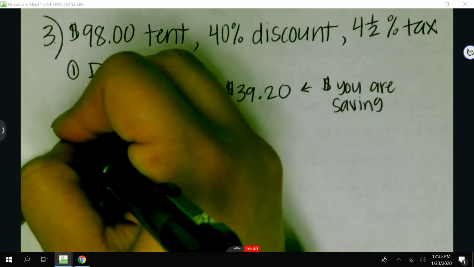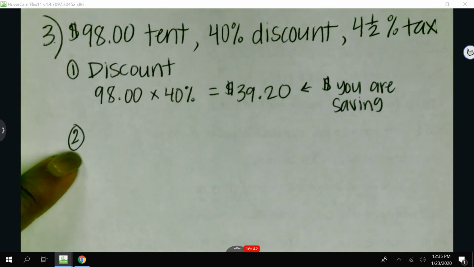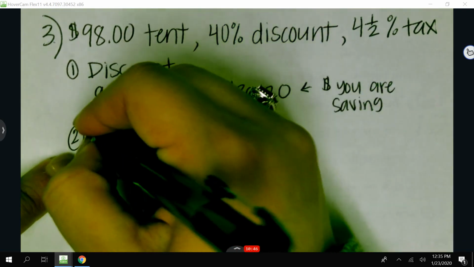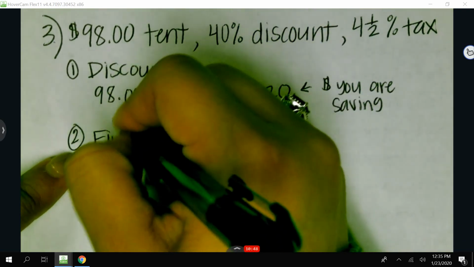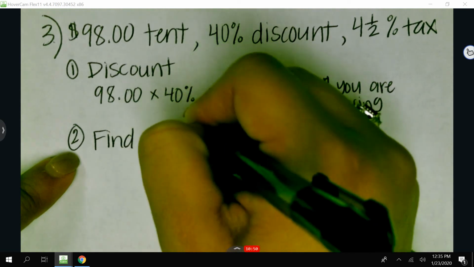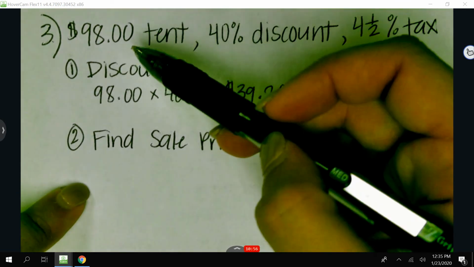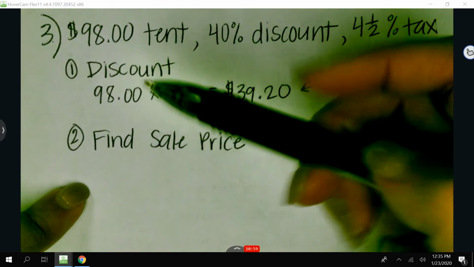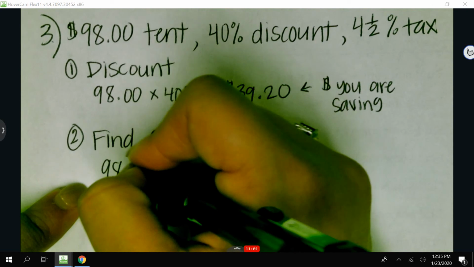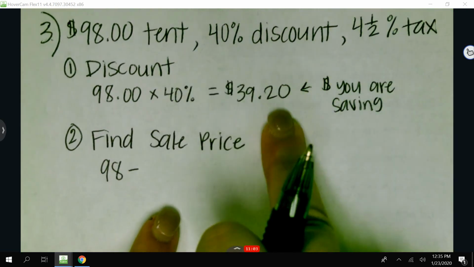So step 2 is to find the actual sale price. How much are you paying for the tent? So how are we going to find the sale price? You want to take the original price, the $98, and you're going to subtract the money you're saving.